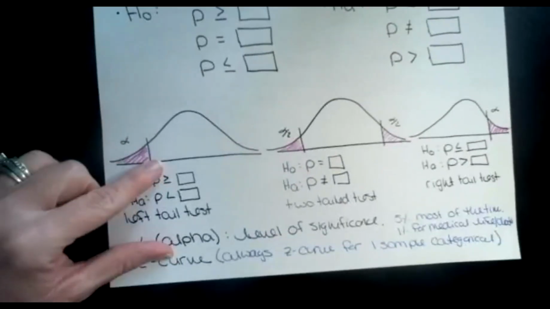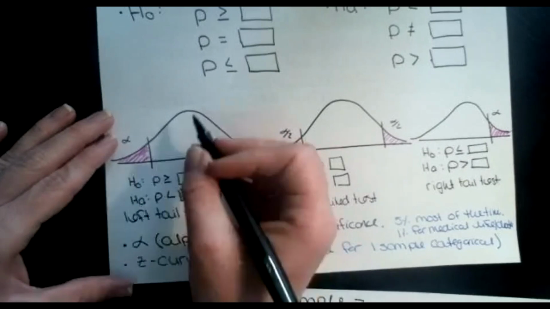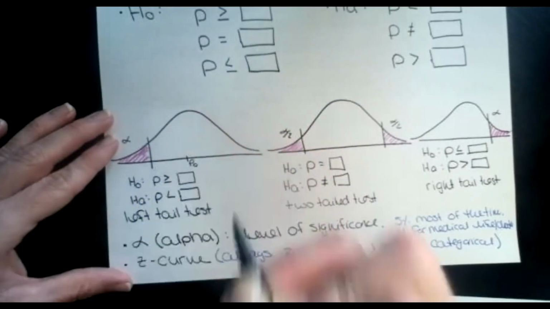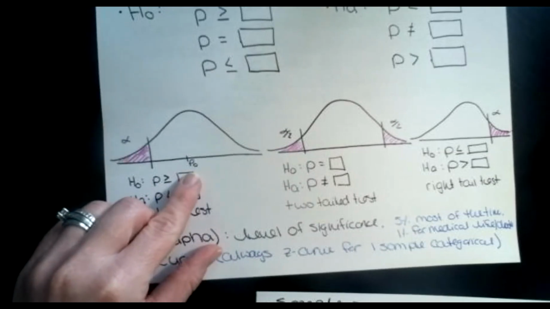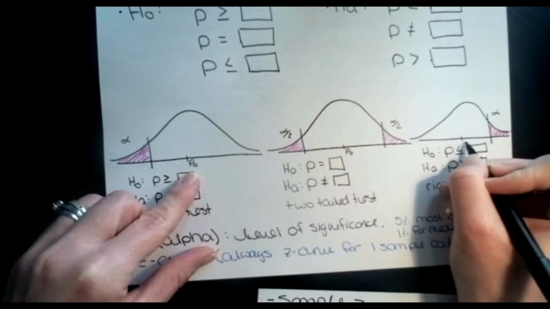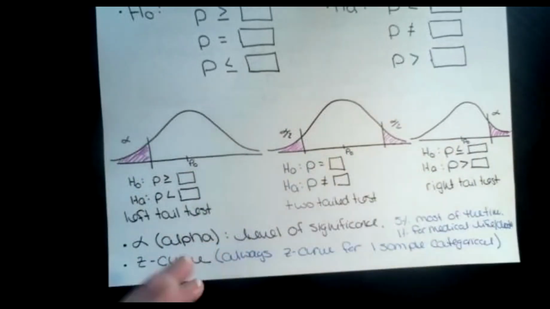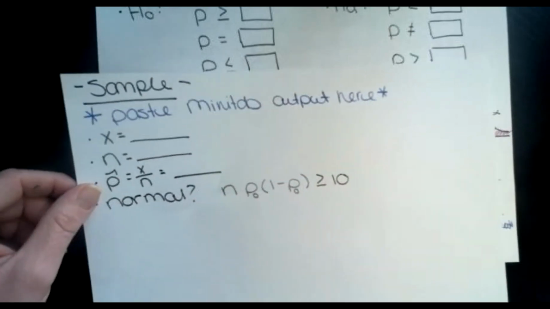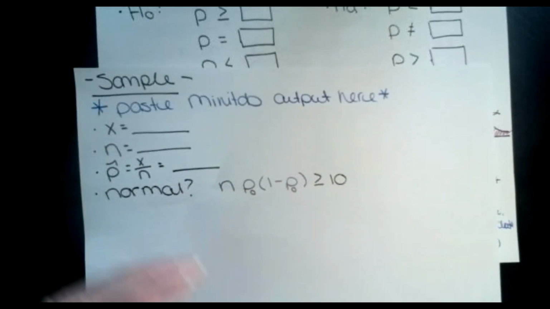And I'm going to actually put this on the drawing, and then we have it. So the center of the curve is actually what we call P naught. So P naught is the value from H naught. So I'm just going to write it because it's for all of them. So it's P naught here. I'm going to use P naught. And then I'll write a little note over here.